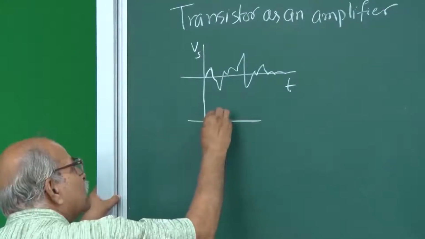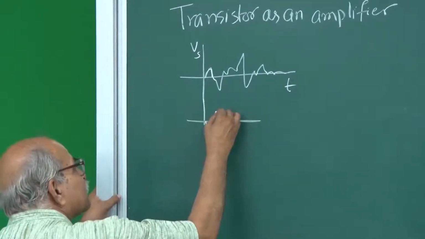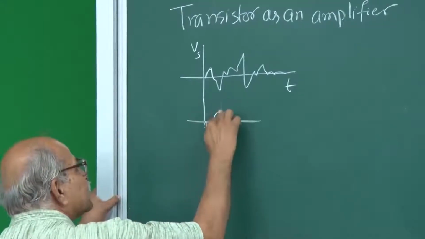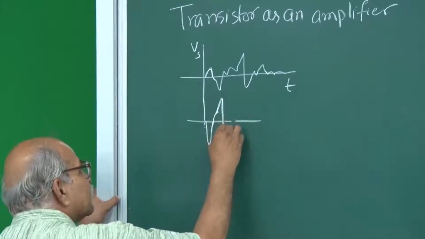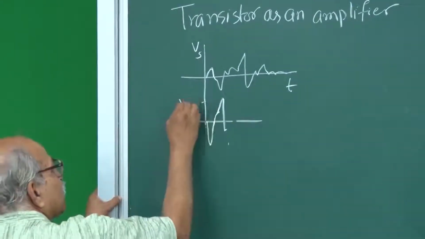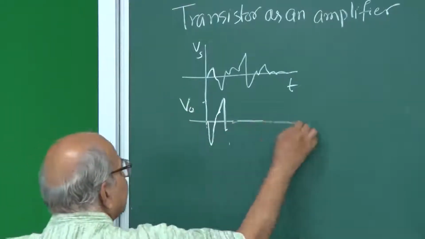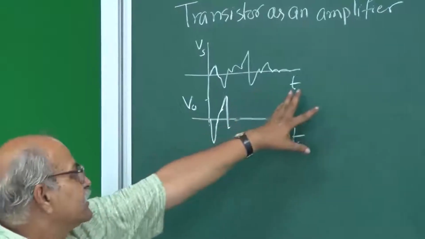So it is going up and it is going further down, and then further up, and so on and so on. So this kind of inversion will take place everywhere. Okay. So this is your output voltage as a function of time. I have drawn only a small part, I cannot draw the entire thing so nicely.